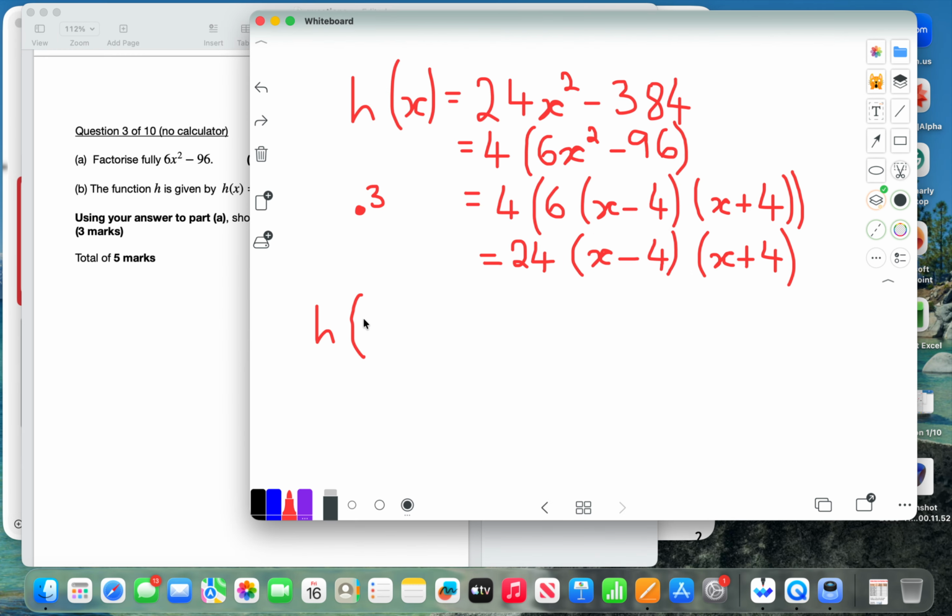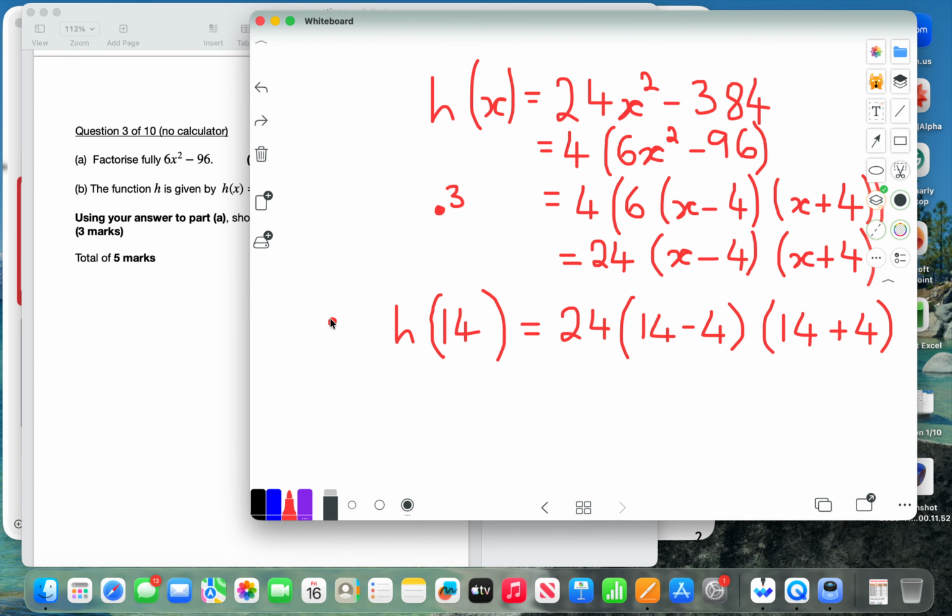So h(14), it's just function notation, so we have to substitute x for 14, giving us 24 times (14 minus 4) times (14 plus 4). And that is mark number 4.